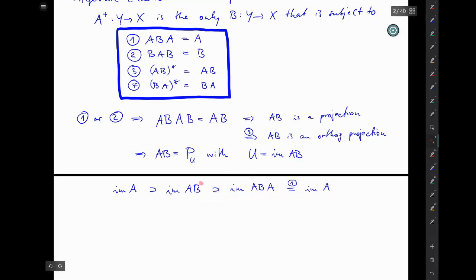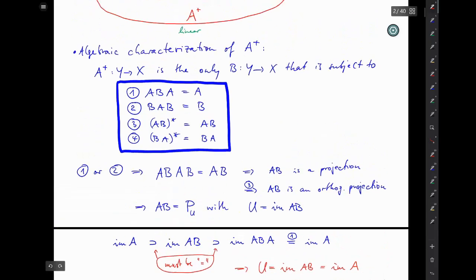And that's how you see that the image of AB is just the image of A. So the set U, which we are projecting onto, is the image of AB, is just the image of A, or in other words, AB is orthogonal projection onto the set U that is image of A.